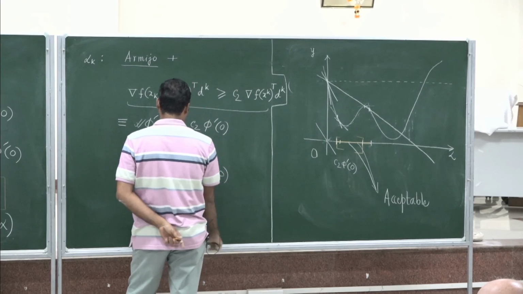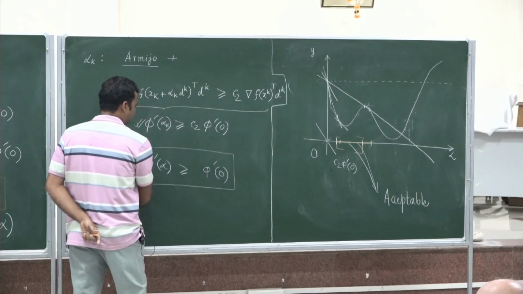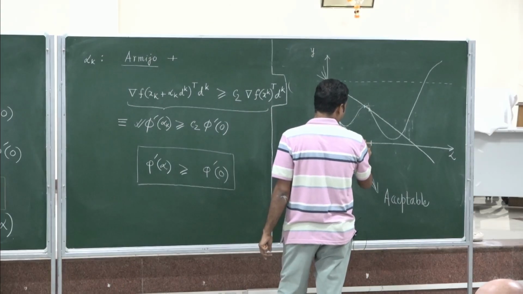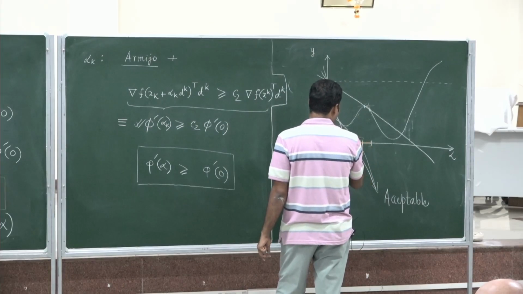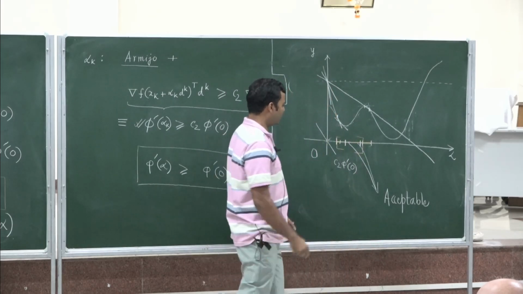Then this region consists of substantially larger values of alpha which are not very close to the minimizer.